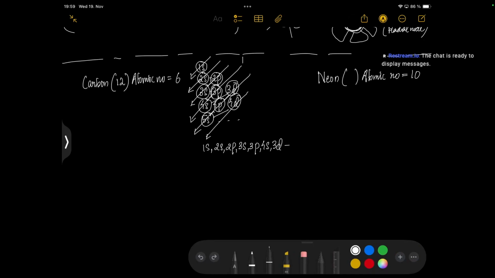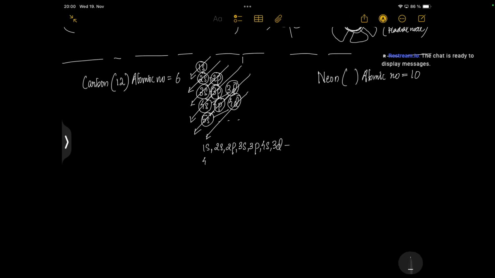So 3d, then we're going to go 4p, 5s, 4d, and we're just going to continue, maybe it's going to be 5p here. So these go here and here.